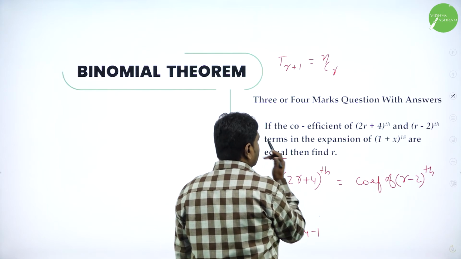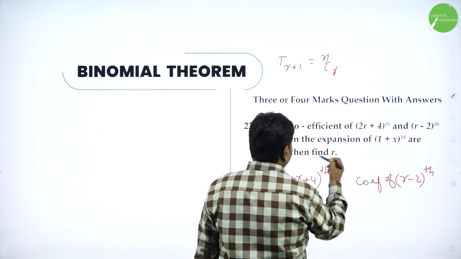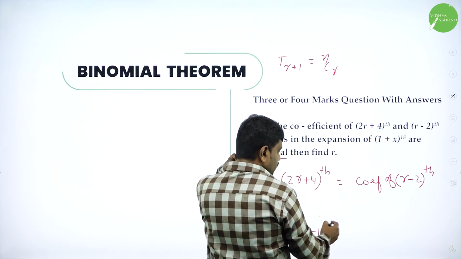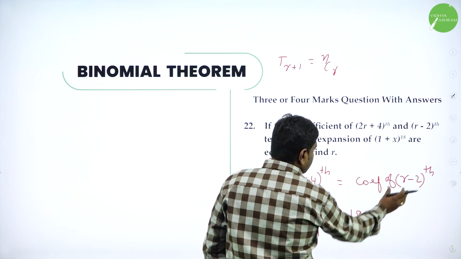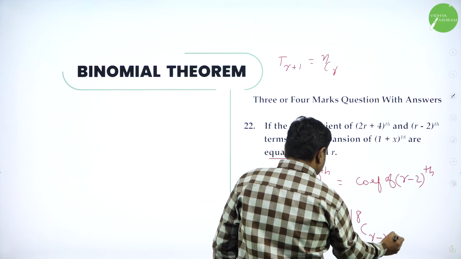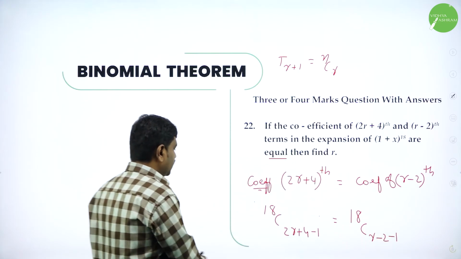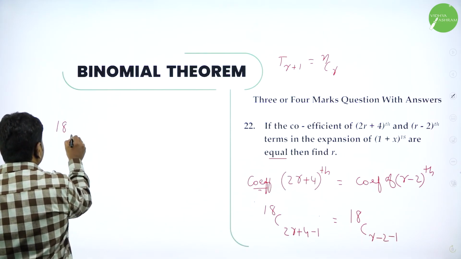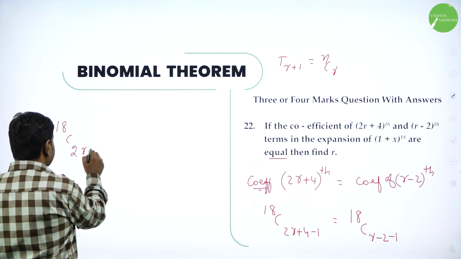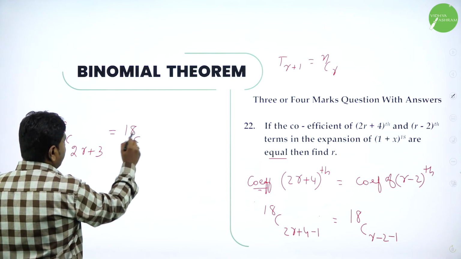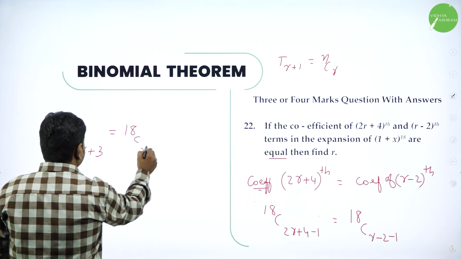Coefficient of this, they wanted to find r, is equal to, coefficient of this is 18C, 1 less than this, r minus 2 minus 1. This they gave equal, means 18C 2r plus 3 is same as 18C r minus 3.